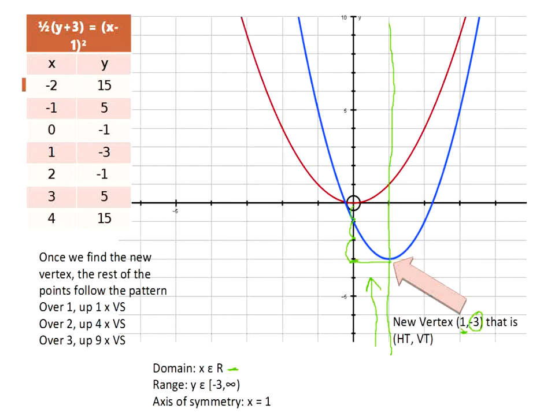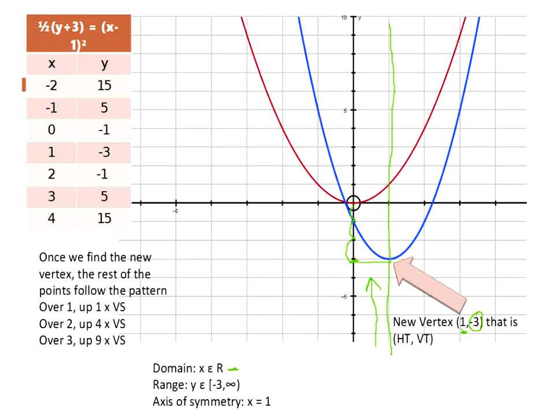All that changes is our base graph. So for instance, if I had a cubic, I'm not using the pattern 9, 4, 1, 0, 1, 4, 9. It's a cubic, so when I take x equals -3, I'll get -27. x equals -2, I'll get -8. And so that changes the pattern. But the transformations are done the same way. You just have a new base table.